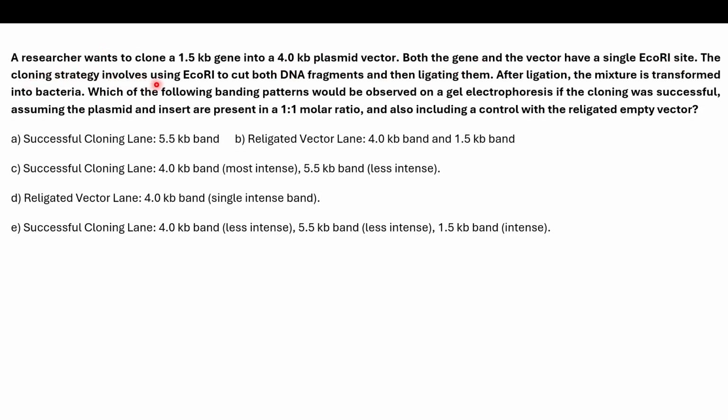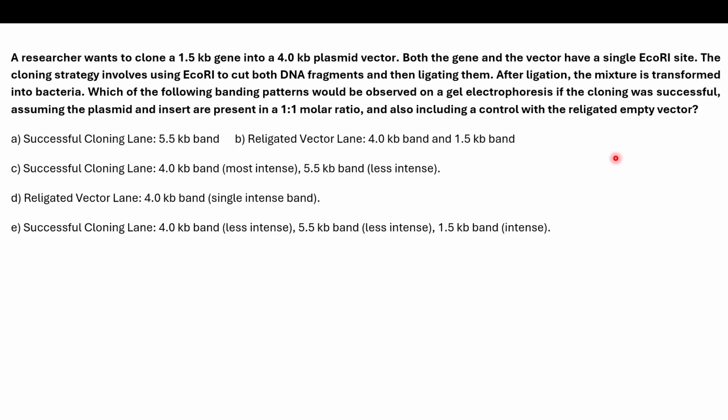The cloning strategy involves using EcoRI to cut both the DNA strands and then ligating them. After ligation, the mixture is transformed into bacteria, basically competent cells. Now, which of the following banding patterns would be observed on a gel electrophoresis if the cloning was successful, assuming the plasmid and insert are present in a 1:1 molar ratio, and also including a control with religated empty vector?